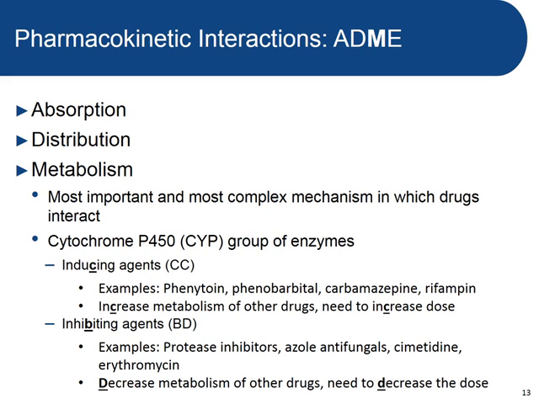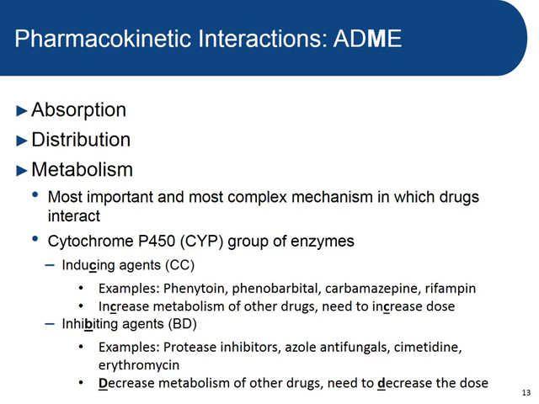So we have two categories here, and I have a little mnemonic to help you remember these. So inducing agents. There's a C in inducing, and so we think about, well, what happens when certain drugs induce these CYP enzymes? It causes the metabolism of other drugs to increase. So easy way to remember this is CC, right?